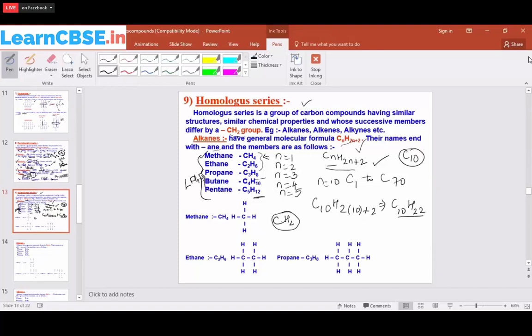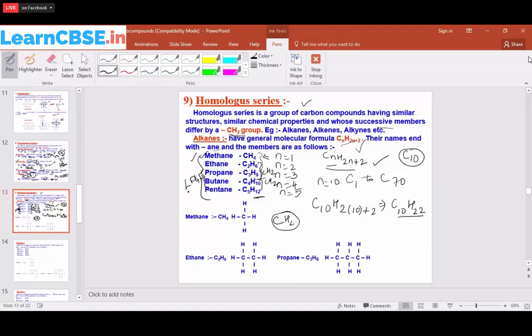So this difference is CH2. You can see this difference all over the C70 carbon atoms. All the successive members have a difference of CH2. That is one of the important properties in the homologous series: successive members differ by the CH2 group.